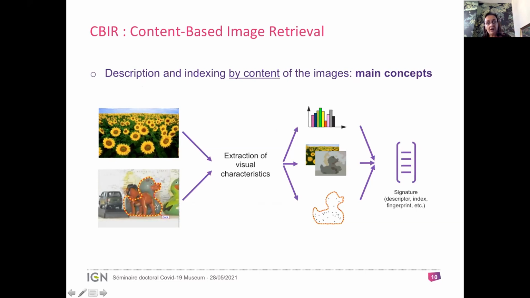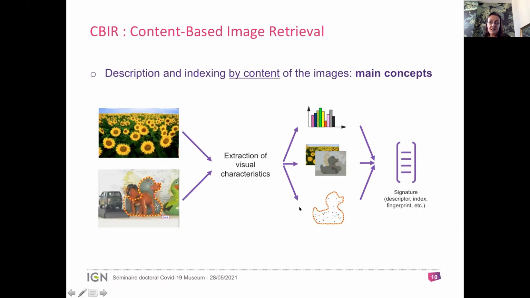We work by analyzing, with processing and image analysis methods, the content of the image in order to extract visual characteristics, of course, according to the task. It can be describing the colors, the distribution of colors in the image, describing the shapes of the image, describing some details of the image.